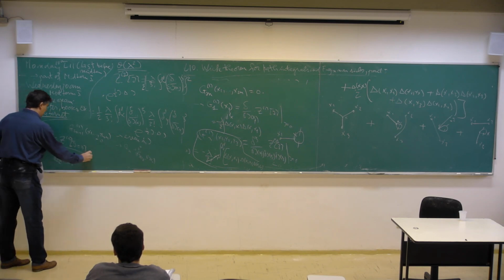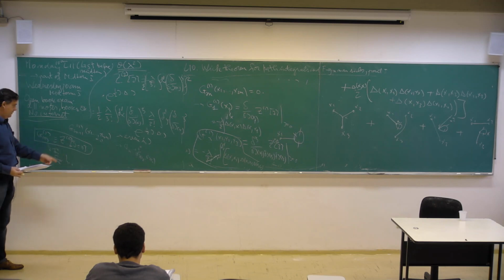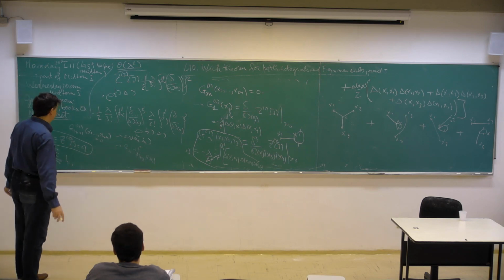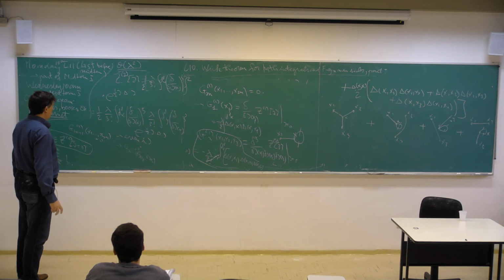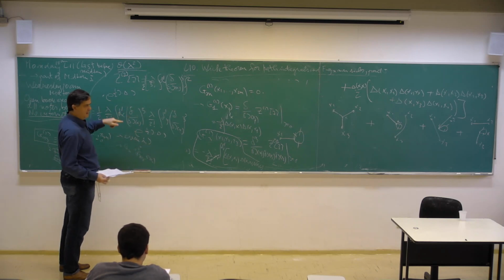So I'm looking at this partition function at j equal to 0, second order derivatives. So I want to calculate this formula at j equal to 0, right?